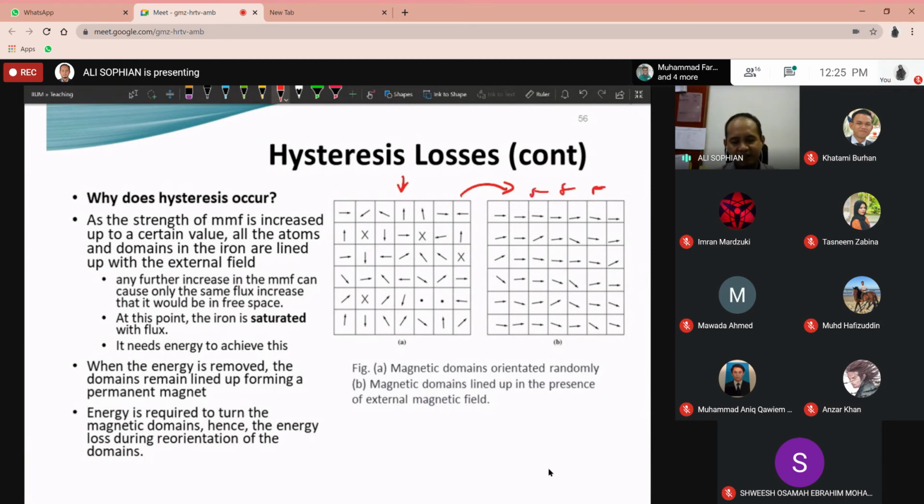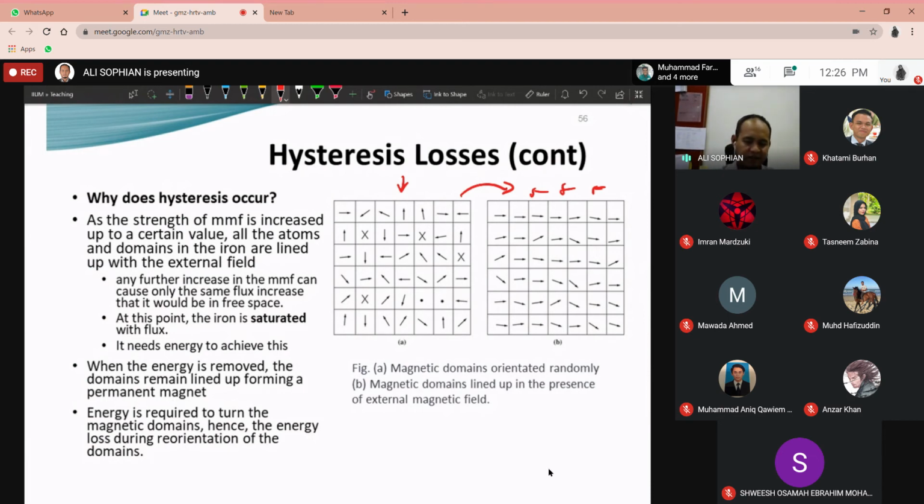The orientation of these magnetic domains needs energy, and that's why, when we apply AC current into the coil, we have hysteresis losses because of the reorientation of these magnetic domains inside the core.